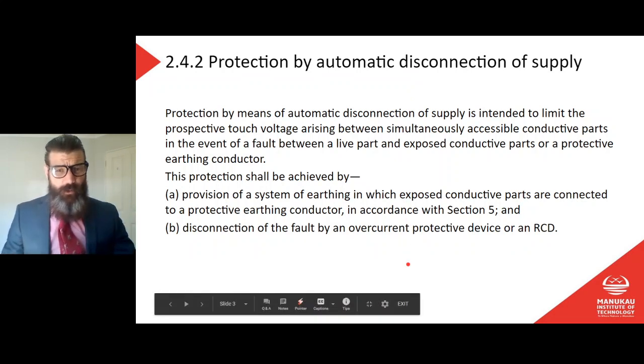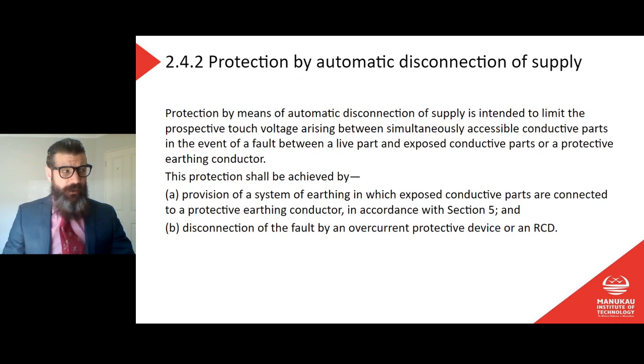Protection by means of automatic disconnection of supply is intended to limit the prospective touch voltage arising between simultaneously accessible conductive parts in the event of a fault between a live part and exposed conductive parts or a protective earthing conductor. This protection shall be achieved by provision of a system of earthing in which exposed conductive parts are connected to a protective earthing conductor in accordance with section 5, and disconnection of the fault by an overcurrent protective device or an RCD.